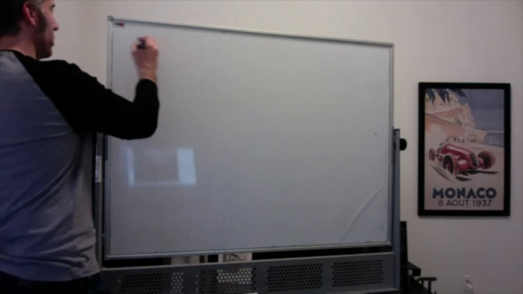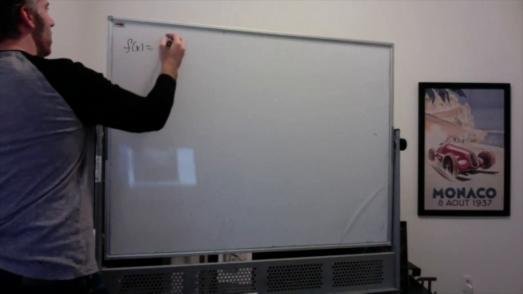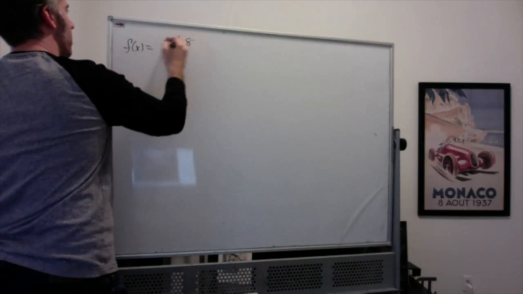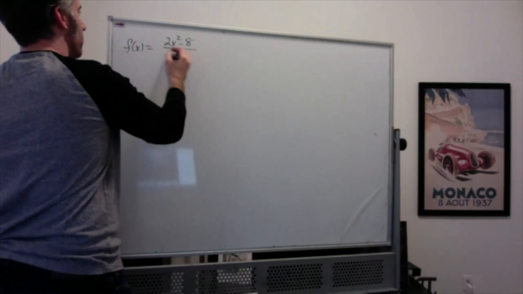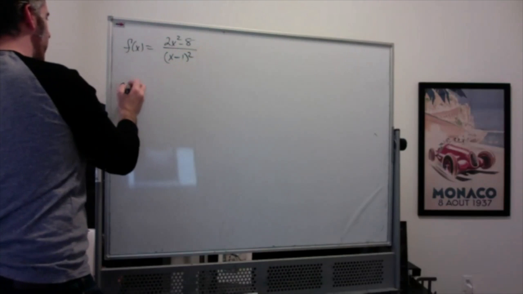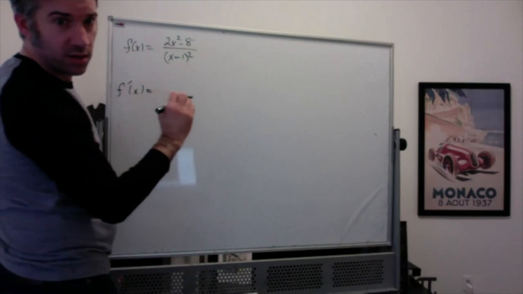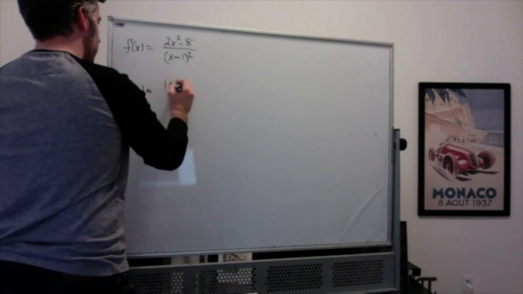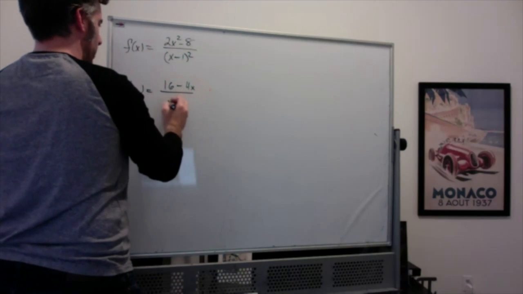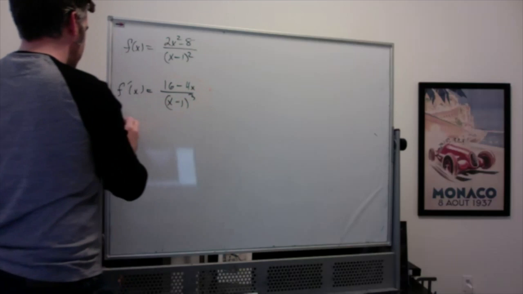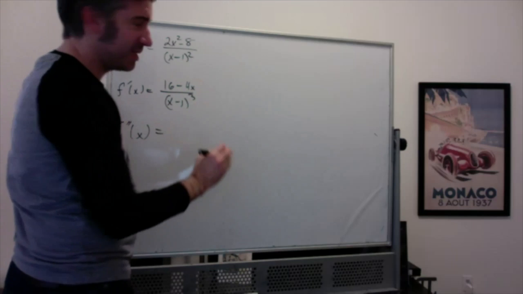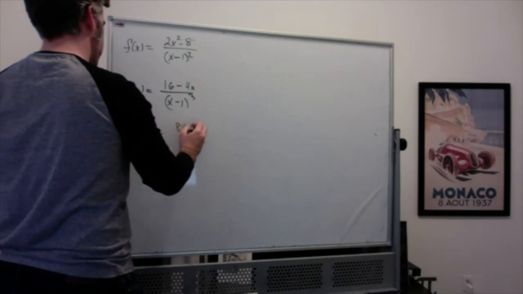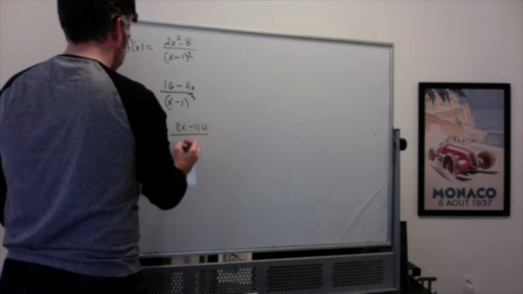So here's my function. My function is 2x squared minus 8 over x minus 1 quantity squared. My first derivative is 16 minus 4x over x minus 1 cubed. And my second derivative is 8x minus 44 over x minus 1 to the 4th.